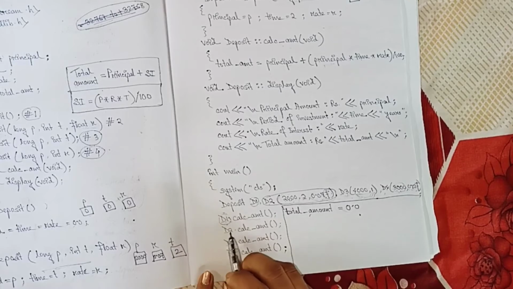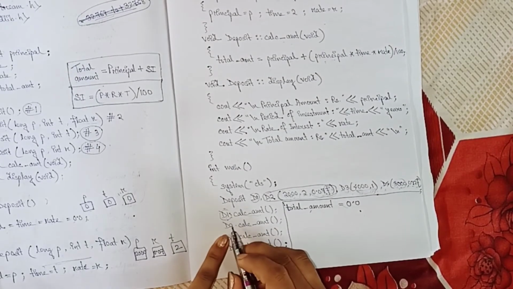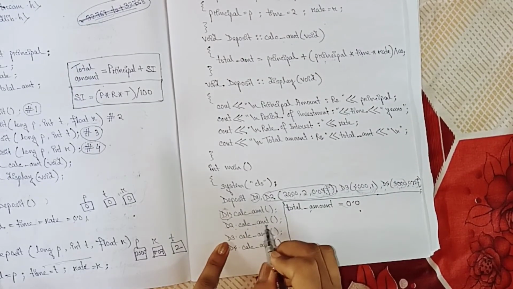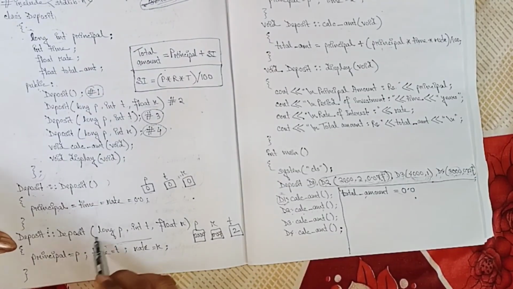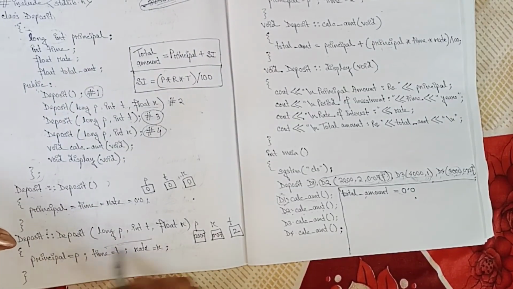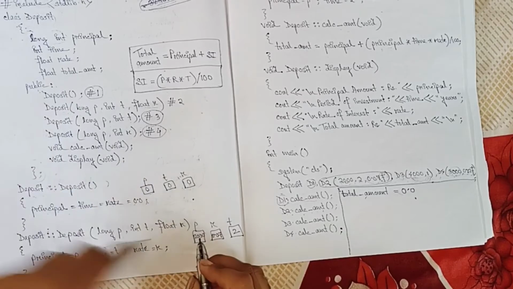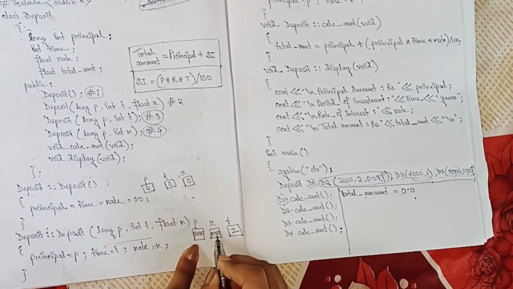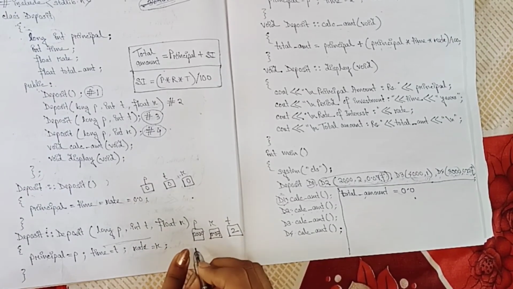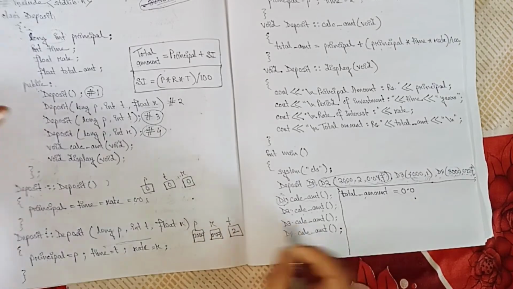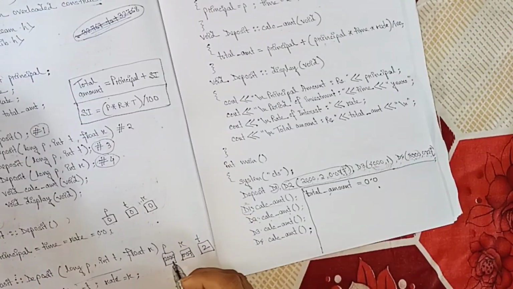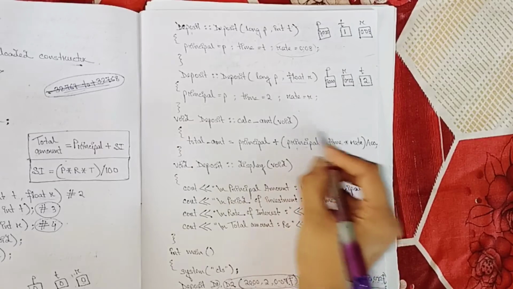Now our control will come to D2 dot calc amount. D2 will invoke this particular constructor, which has 2000 as the principal, rate 0.07, and time 2. From here it will take the values of P, R, and T, and calculate the total amount.